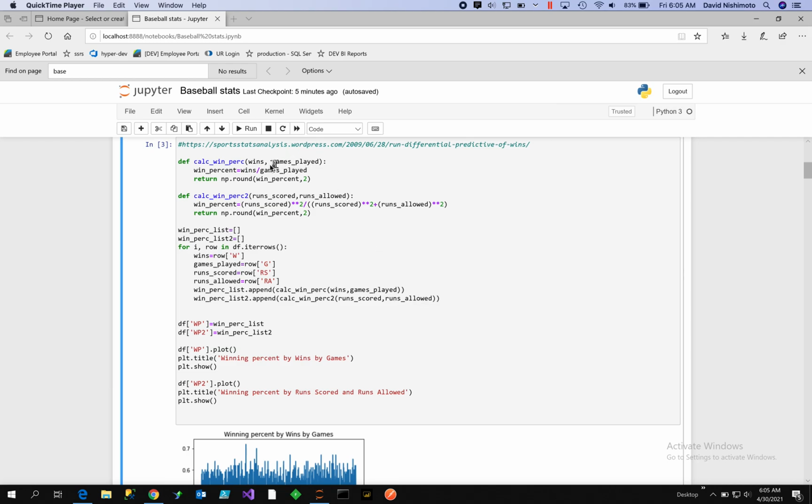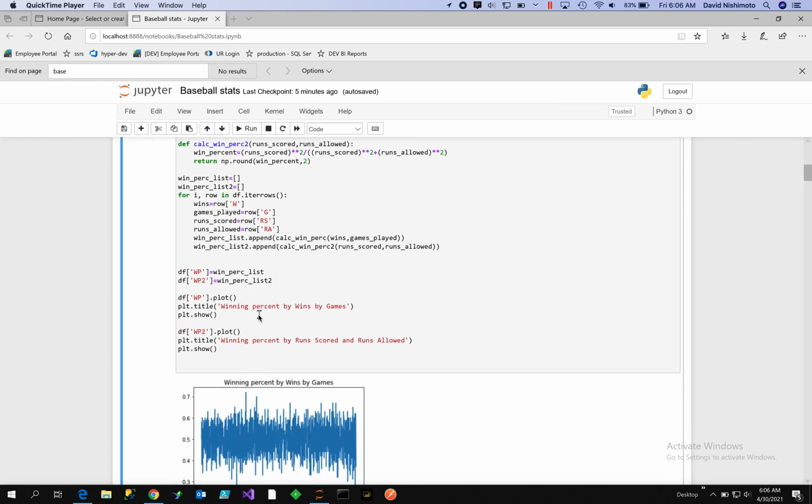If you look at that function, here it is: runs scored divided by runs allowed. So we take it and multiply it by, it's kind of a famous equation, runs scored squared divided by runs scored squared plus runs allowed squared. And that kind of gives us that important ratio.